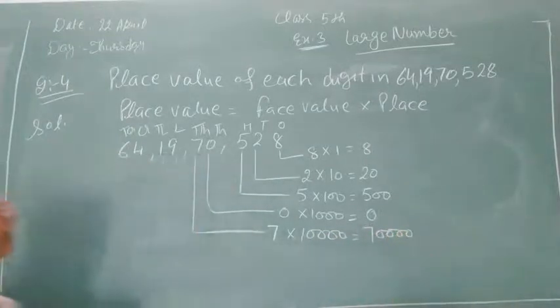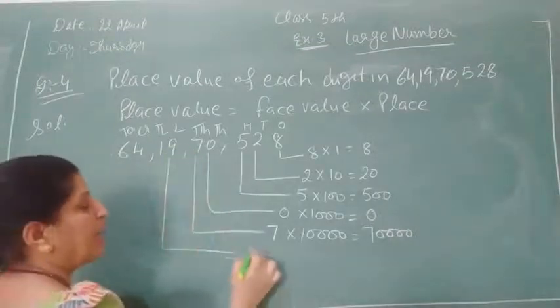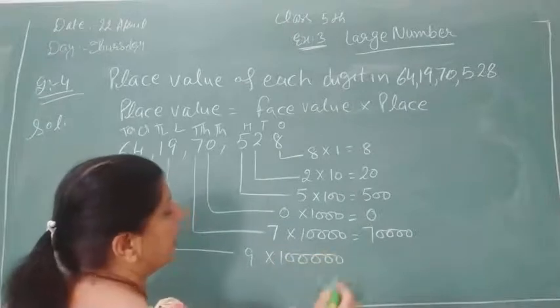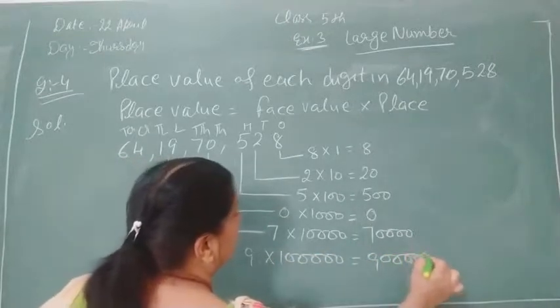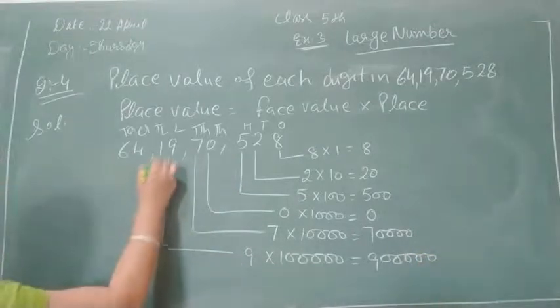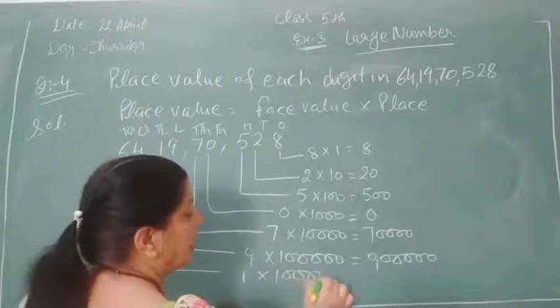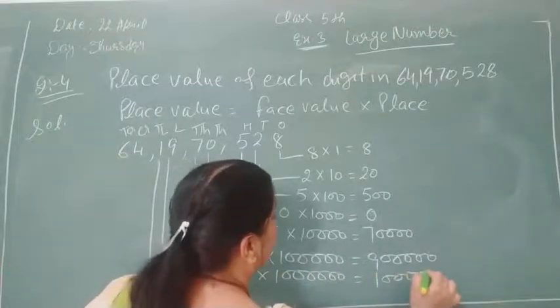Now the next number is 7 at the 10,000 place, so it is multiplied by 10,000 and it becomes 70,000. Now you see that the next number 9 is at the place of lakh, so you multiply it by lakh and it becomes 9 lakh. Now the next number is 1 at the place of 10 lakh, multiplied by 10 lakh, so it becomes 10 lakh.